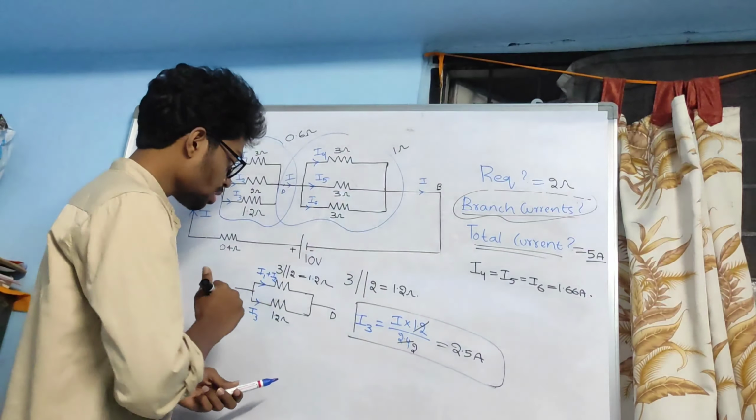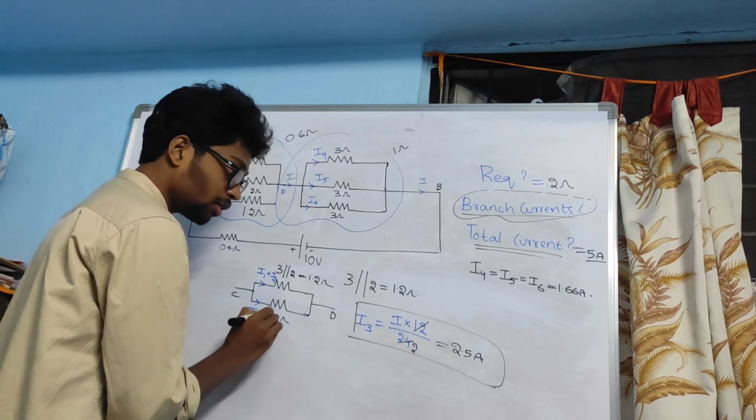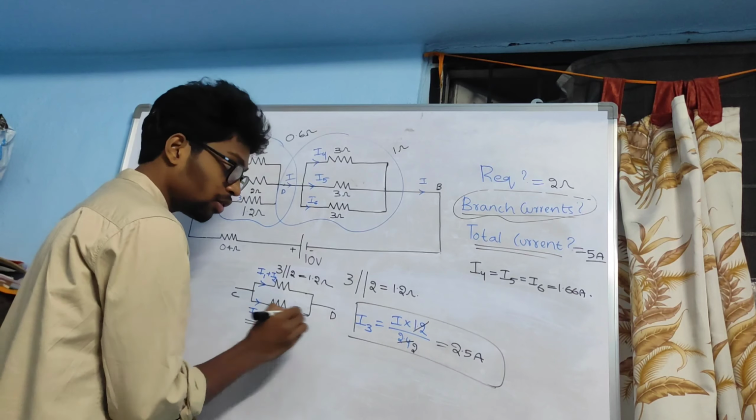Okay. As we got I3 equal to 2.5 amperes, I am subtracting I3 from I, so that I will get I1 plus I2. We know that I equal to I1 plus I2 plus I3.